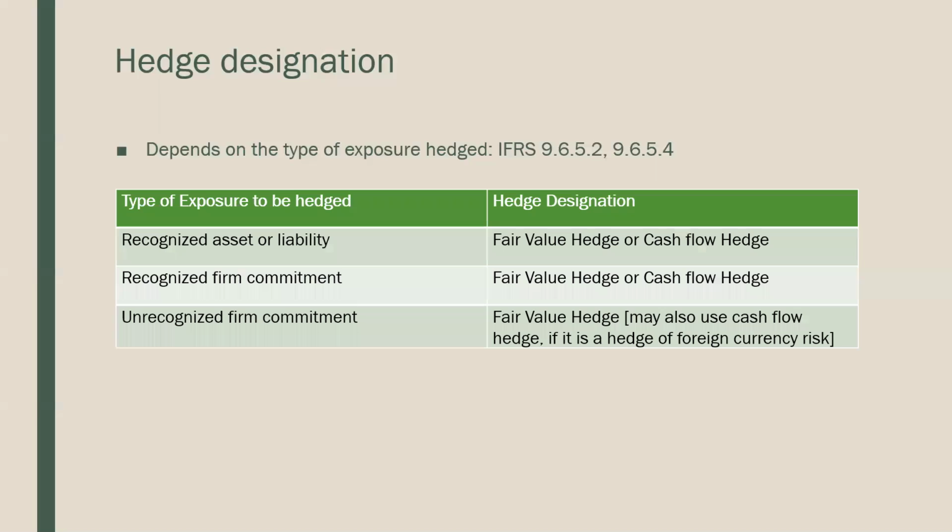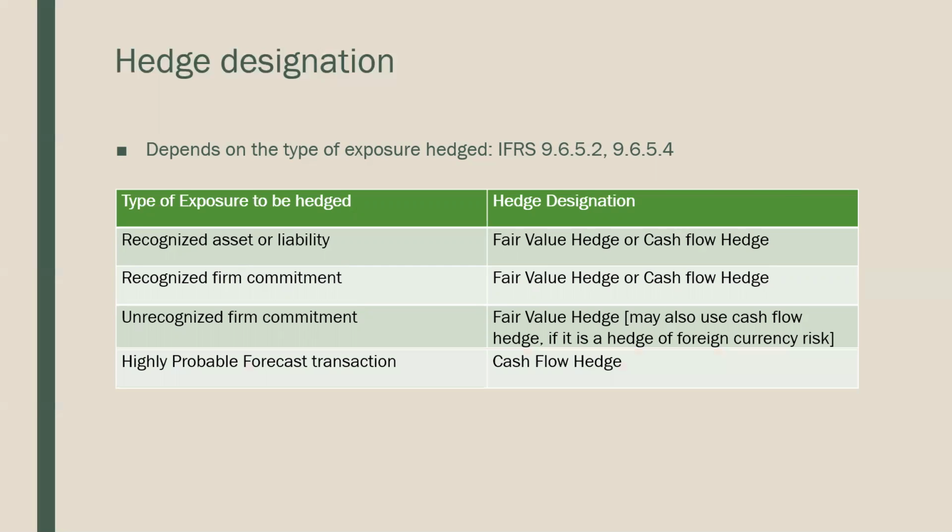We can have an unrecognized firm commitment, where typically the hedge designation would be fair value hedge, but we can also use cash flow hedge if the hedge is specifically that of foreign currency risk. And that will be the case in the examples that we look at in this particular topic.